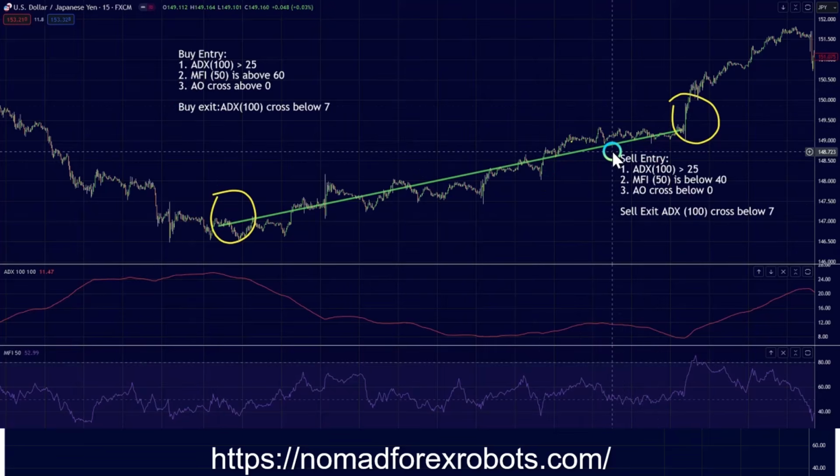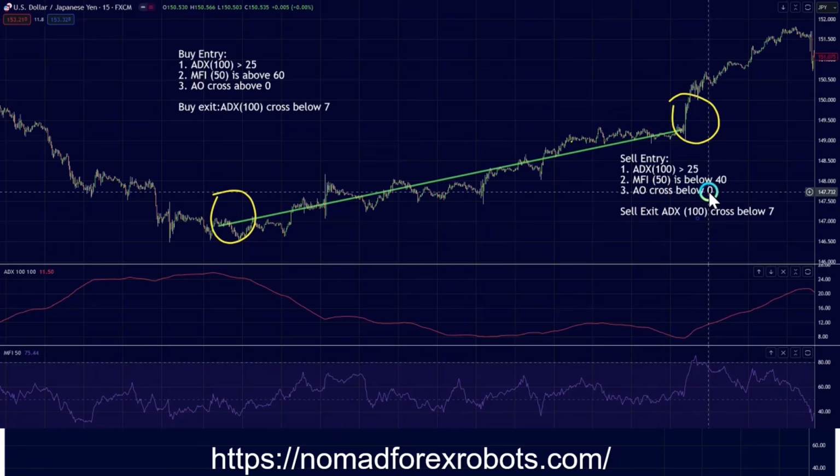We have a sell strategy as well that is very similar to the buy strategy, but I am telling you the details because I have to ensure that you are using the good periods. So the sell entry is the following: when the 100 period ADX is above 25, the same as with the buy entry, but when the 50 period MFI is below 40 and the cross happens, the awesome oscillator crosses below 0, we are taking a sell trade.